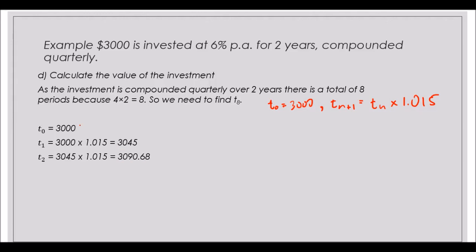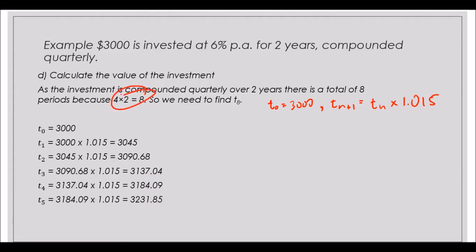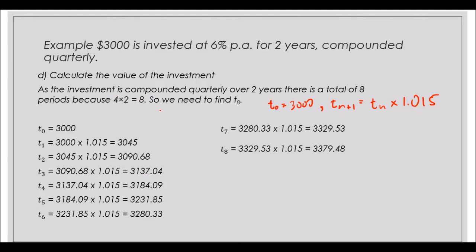Repeat that process. Multiply 3045 by 1.015 to get 3090.68. Multiply again by 1.015, and you get 3137.04. Repeat the process until you get to term number 8. So that means T6, T7, and T8: 3379.48. So at the end of the 2 years, the total investment amount will be 3379.48.